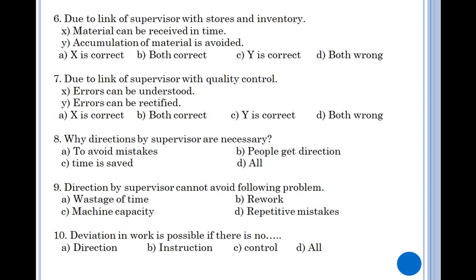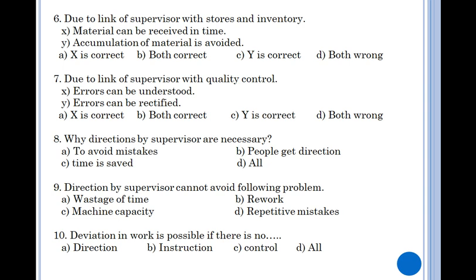Option A says X is correct, B says both are correct, C says Y is correct, D says both are wrong. Material can be received in time, correct. Accumulation of material is avoided, correct.